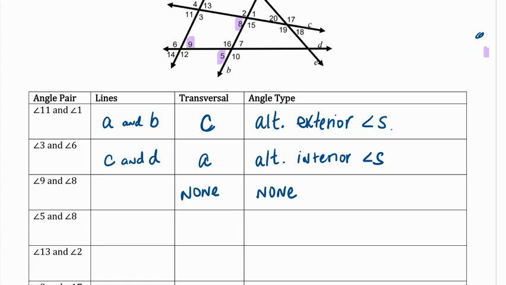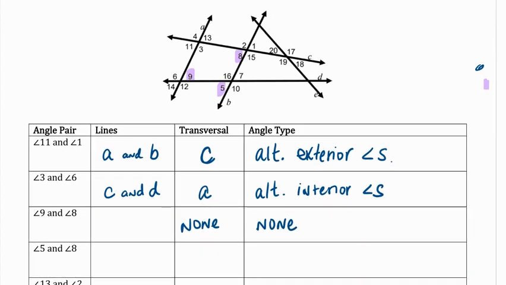So angle 8 and angle 5, the line that they both touch would be line B. So that is our transversal. Oh, this is driving me nuts. Sorry for all the extra commentary, guys. Okay, so their transversal is line B, and then the two lines that make up 5 and 8 would be line C and line D.